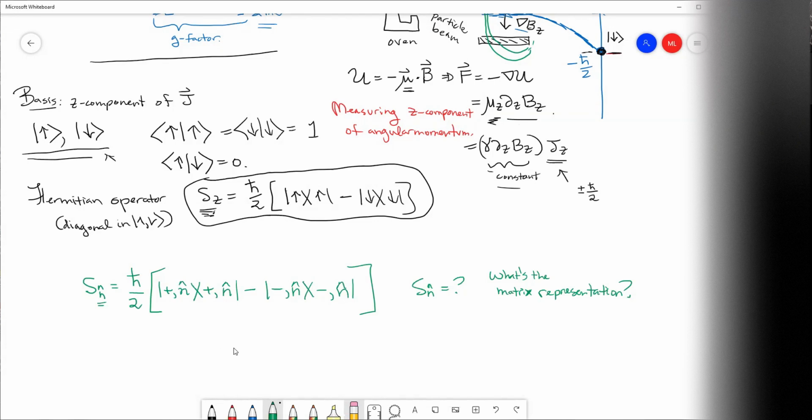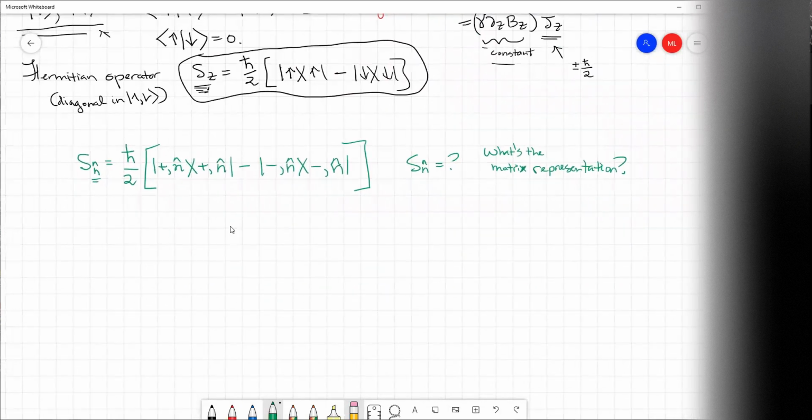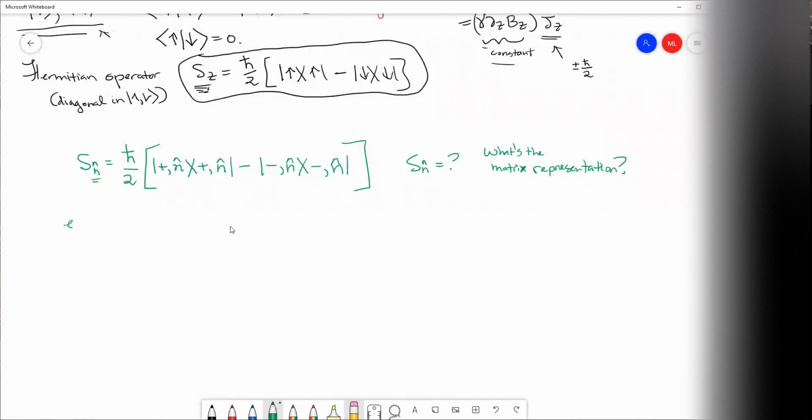What we can begin with is, well, what do we know? We know that the eigenvalues of this thing, the measured values, have to be plus or minus h bar over 2. So we can factor out an h bar over 2. And we know it's a 2-dimensional Hilbert space again, because there's 2 possible values for the measurement of the feature that we're interested in.